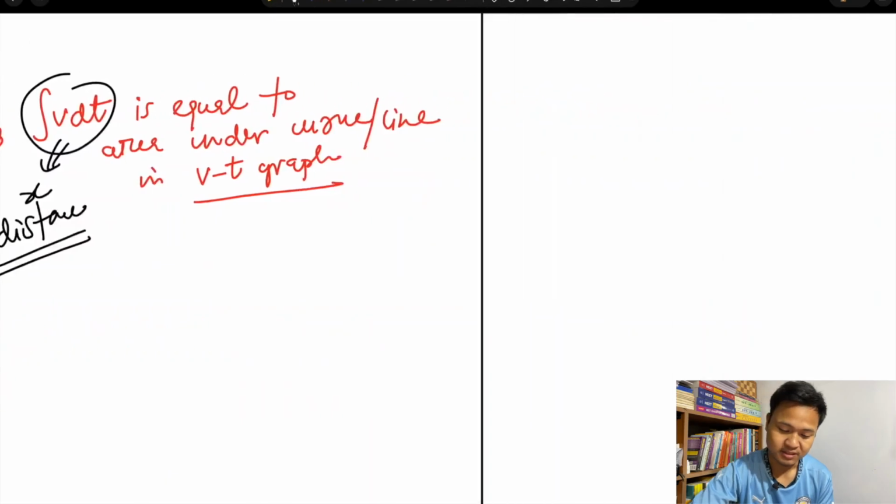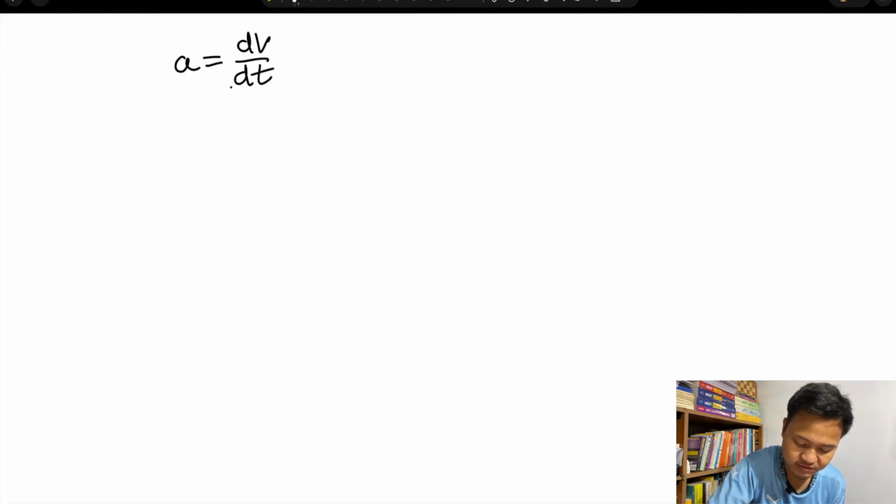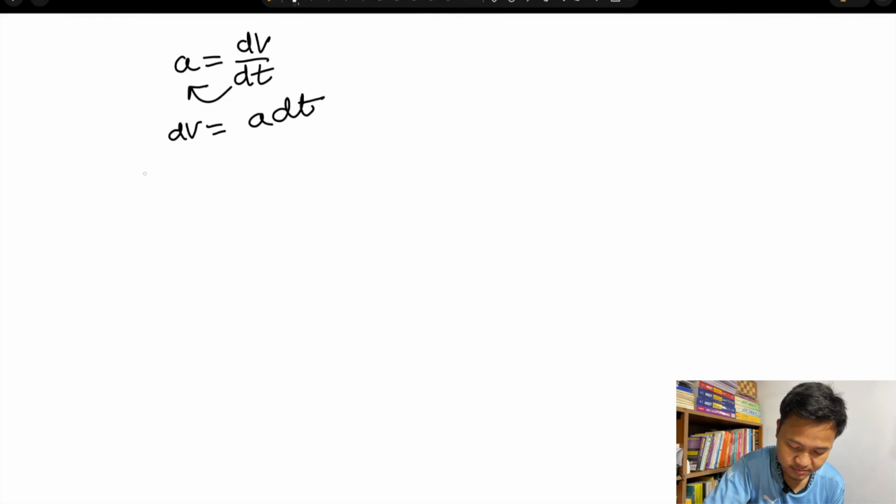Similarly for acceleration, dv by dt. If you do the same thing, you transfer this here, so dv equals a into dt. Integrate both sides.